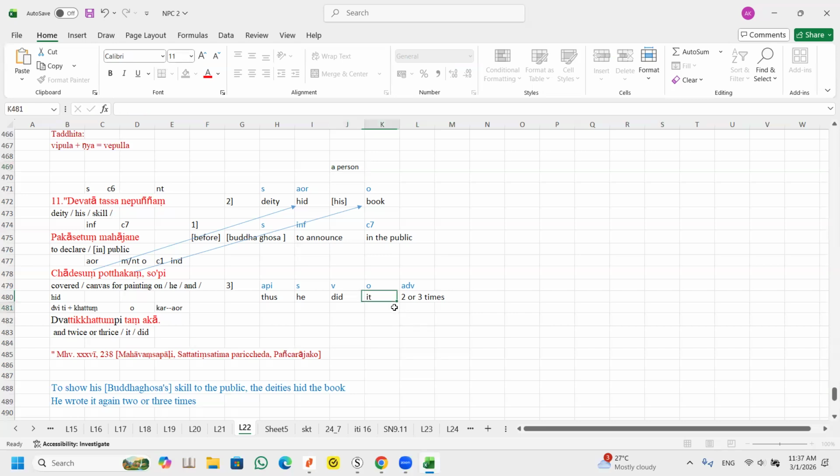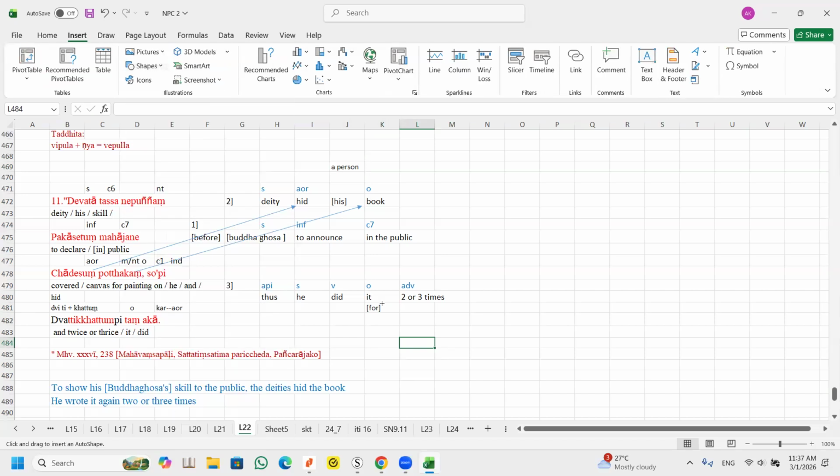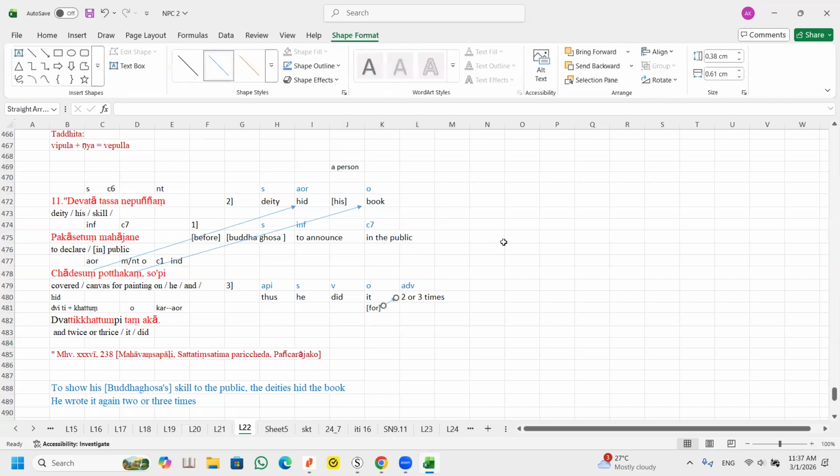He did it 4. So the word 4, you have to put there by yourself. I don't put it in, because if I put 4, then you ask where the 4 comes from. After they put it, you put the 4 here.